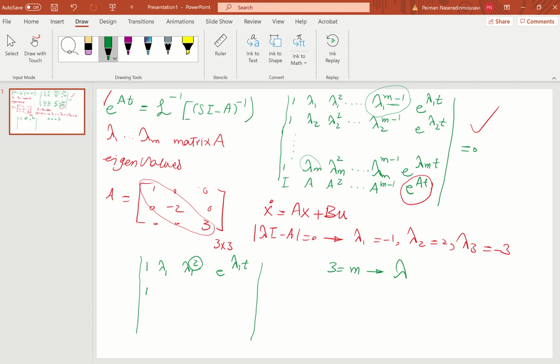And now 1, lambda 2, lambda 2 squared, e^(lambda 2 t), and 1, lambda 3, lambda 3 squared, e^(lambda 3 t), and I, A, A squared, e^(At), that you want to calculate. As I did in part 5, you have to expand this, and you can get the unknown, that is the matrix exponential. Understand? So we are up to this point.